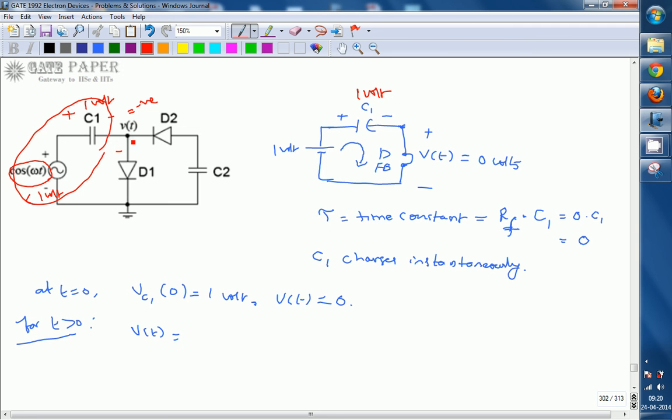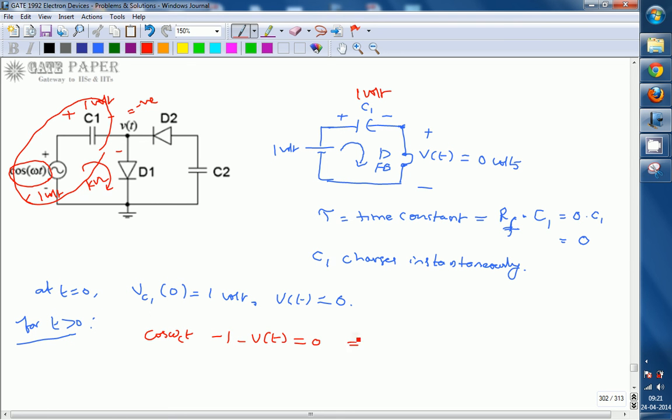So v of t we can write from the KVL across this loop. Write KVL for this loop, for t greater than 0. The KVL is cos omega ct minus 1 minus v of t is equal to 0.